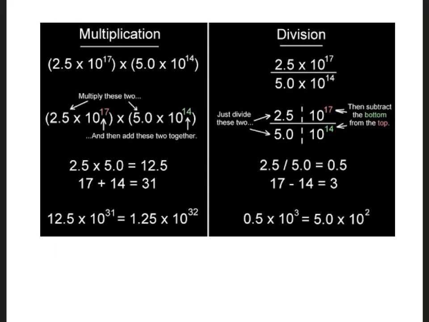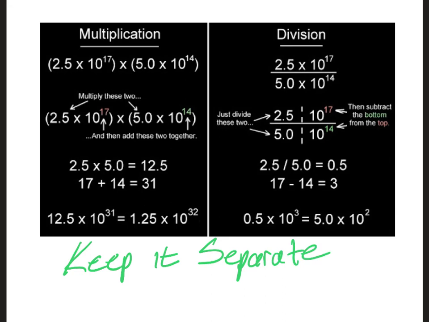As we manipulate our units to create new ones, we also have to keep in mind the scientific notation. How do we deal with scientific notation when we're multiplying and dividing? It's really, really simple, and there's a golden rule of keep it separate, okay? So what do we keep separate? You have a quantity, and you also have an order of magnitude.